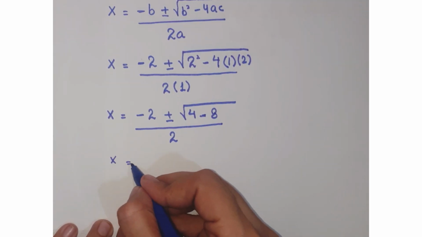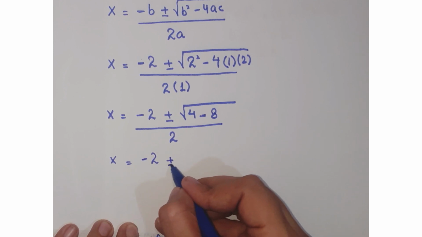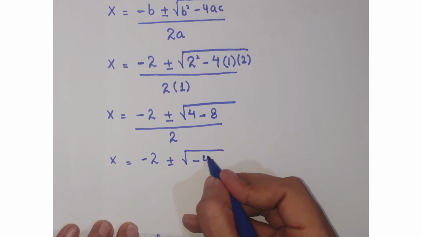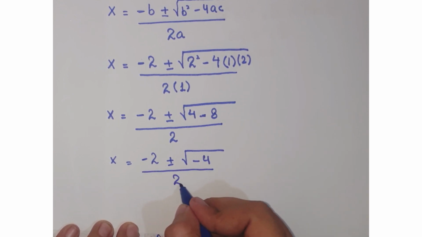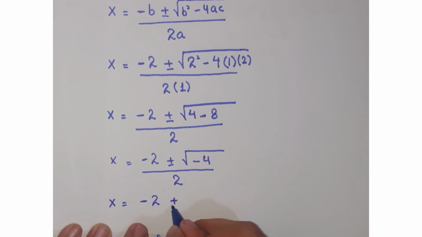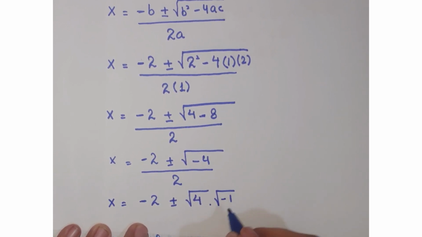Next you can write it as minus 2 plus minus, this is minus 4 upon 2, and then x is equal to minus 2 plus minus under root 4 under root minus 1 upon 2.